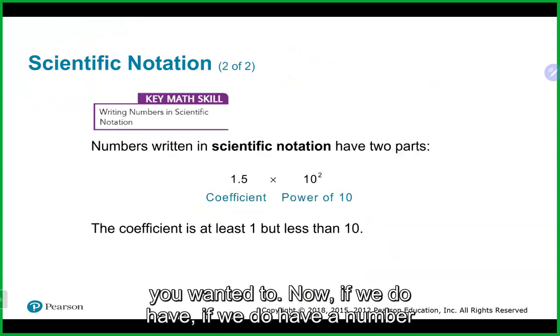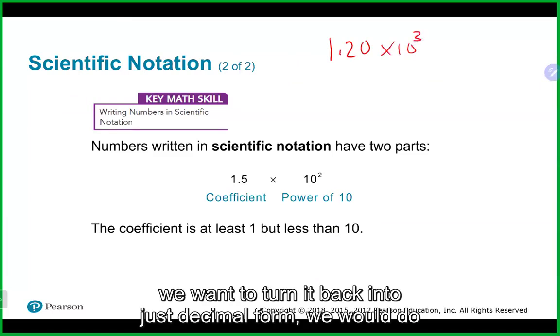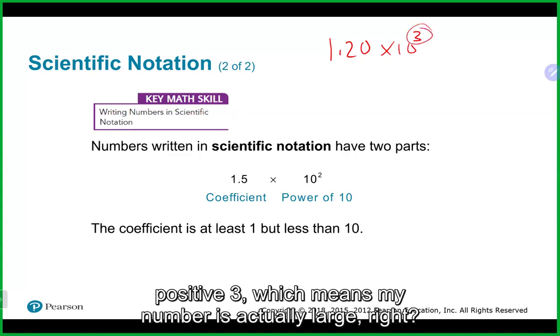Now, if we have a number that is in scientific notation, 1.20 times 10 to the 3, and we want to turn it back into just decimal form, we would do the opposite. The way I would look at this is that it's a positive 3, which means my number is actually large, right?